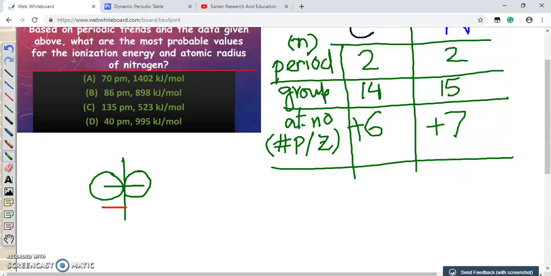Now if you have an atom, this is the nucleus, this is the orbital, and they have, for example, 2 electrons here. So ionization energy is the energy that you need to provide in order to take these electrons away. So this is a neutral atom. If I provide the first ionization energy, what will happen?